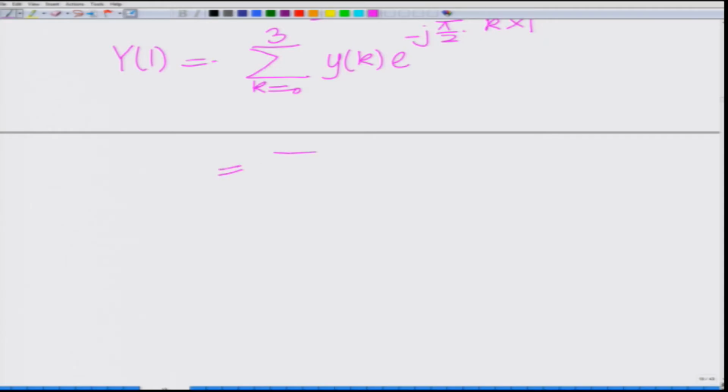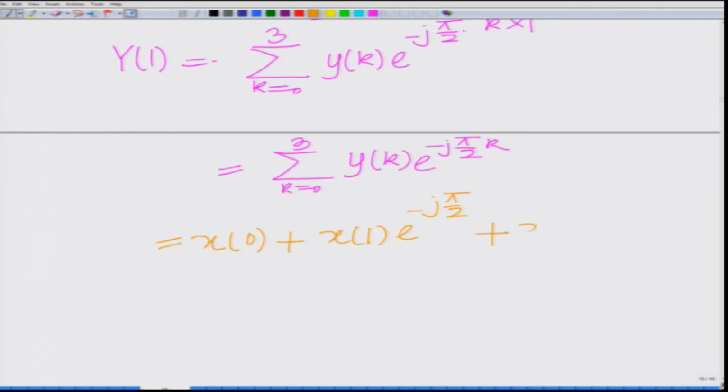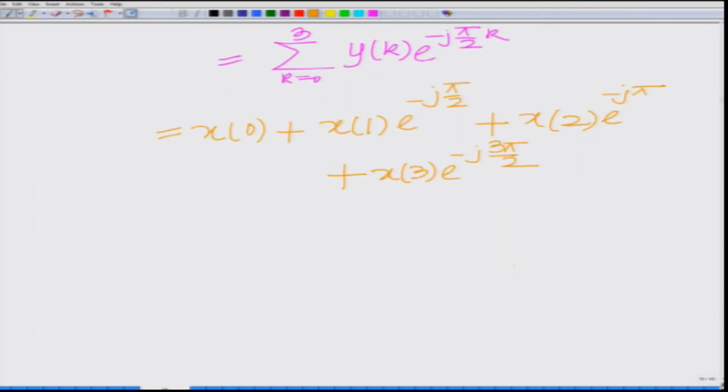Now expanding this summation, that is basically small y0 plus small y1 e raised to minus j pi by 2 plus small y2 e raised to minus j pi plus small y3 e raised to minus j 3 pi over 2.